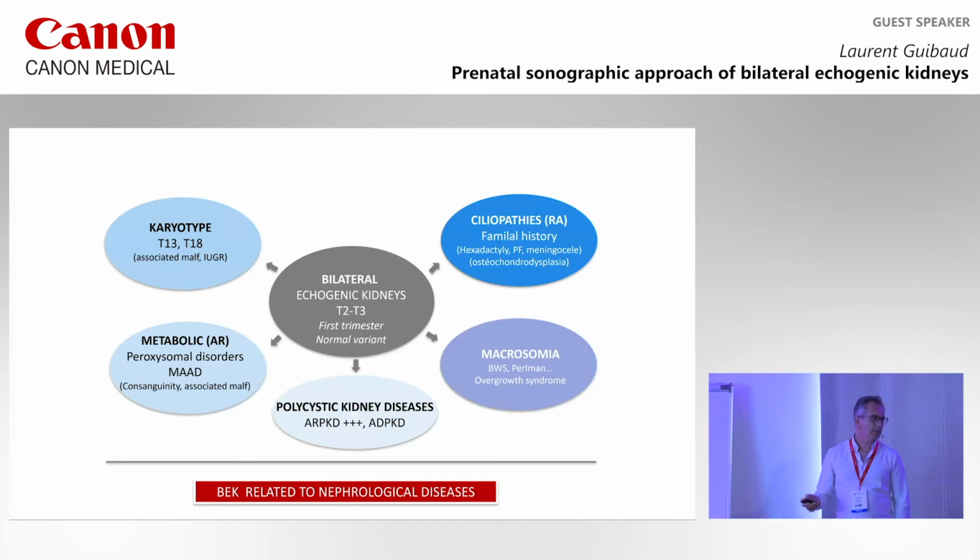So you are here now. Is it complete? There are many etiologies, but the main etiology is not in the panel. Because what is the main etiology? It is a nephrological disease.